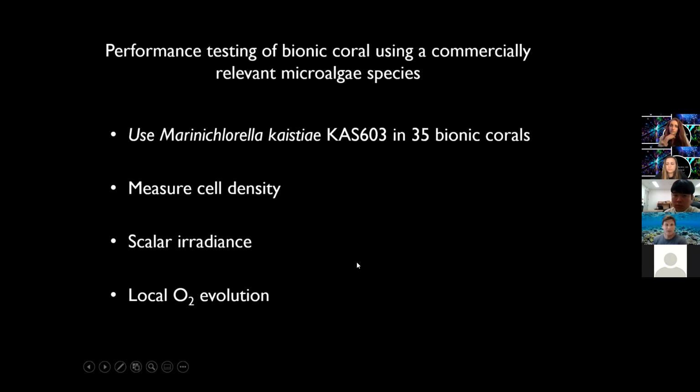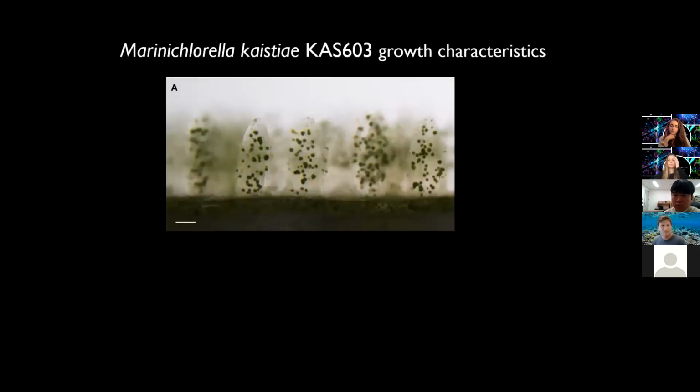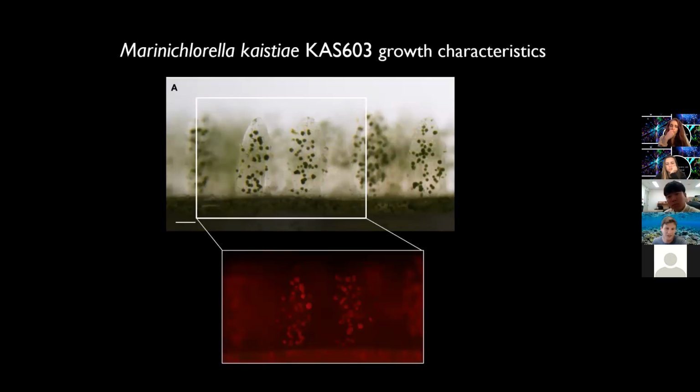So we then did all sorts of performance testing using some commercially relevant strains that have high lipid production. And what you can see here are these artificial tentacles that grow these microalgal aggregates of Marinochlorella. And you can see here the chlorophyll A fluorescence.